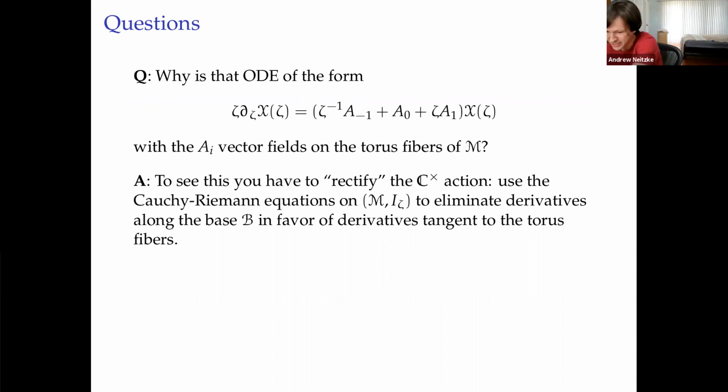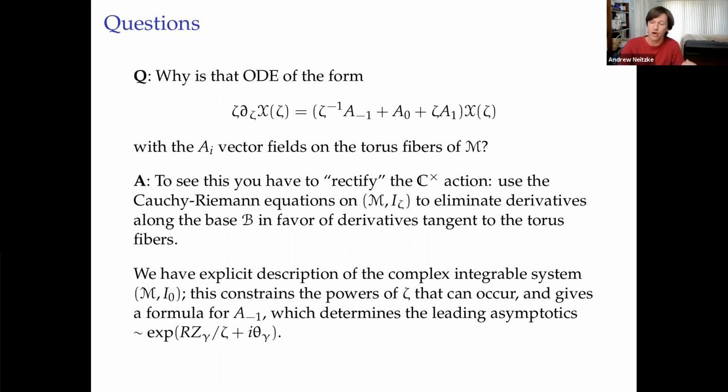So these A's are supposed to be derivatives just along the torus fibers. And when you write down the C star action, you have derivatives in all different directions. But because the functions are supposed to be holomorphic, you can use the Cauchy-Riemann equations to eliminate derivatives in the base directions in favor of derivatives along the torus fibers. And after you do that, you see that the equation has this form.